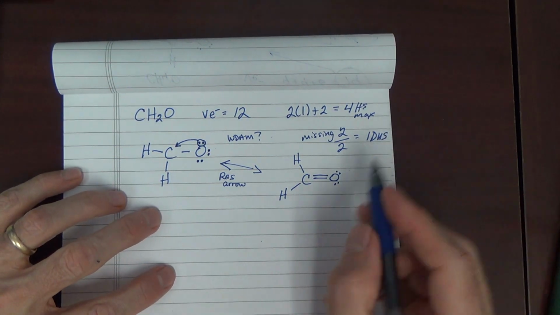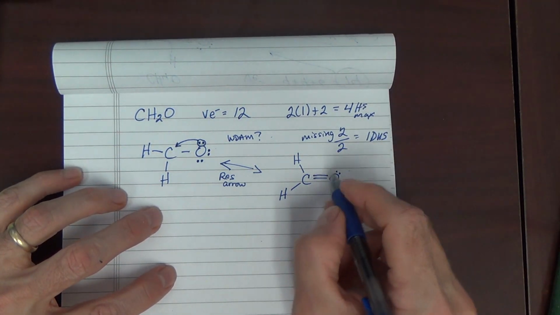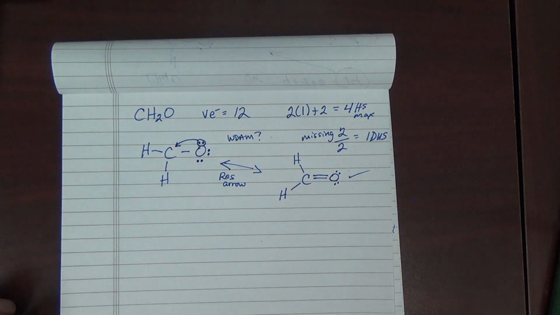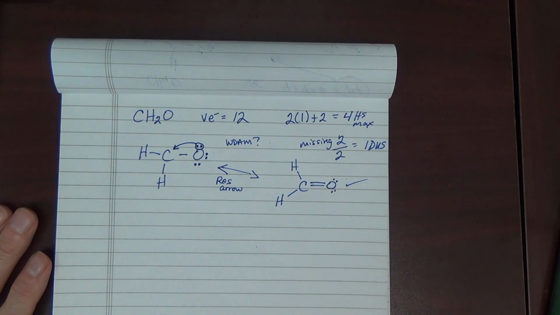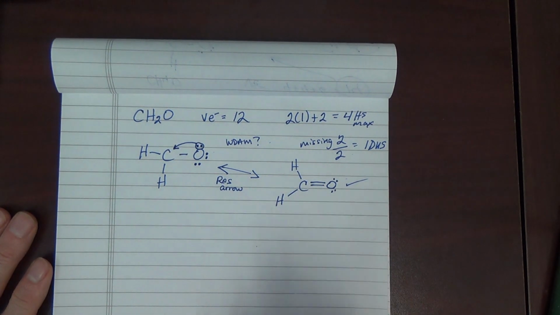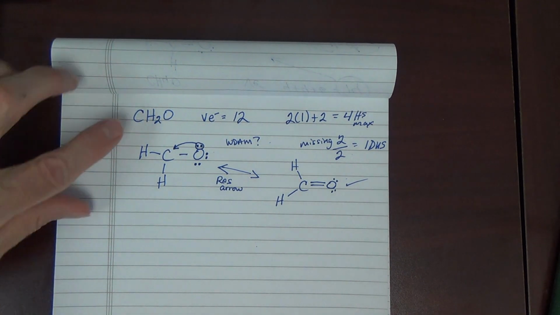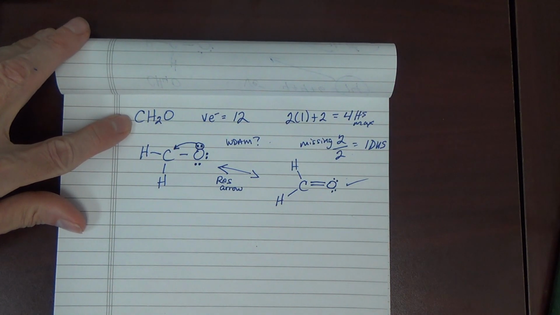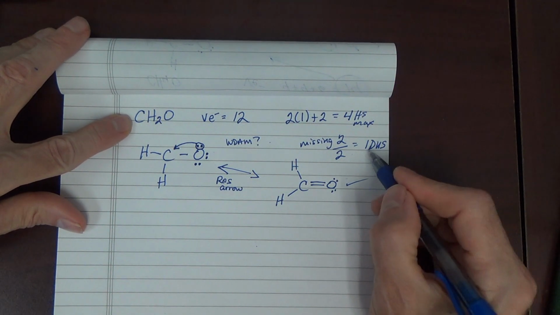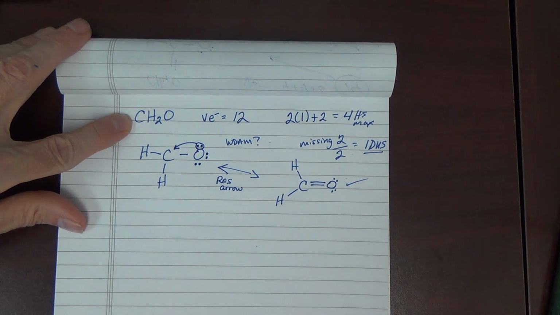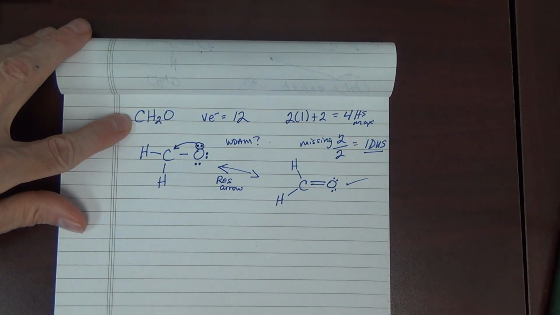We now have a much better structure, and this is going to be your favored structure. That is a good structure for this formula. Remember we said we were going to have 1 DUS. Do you see the 1 DUS? Yes, 1 double bond.